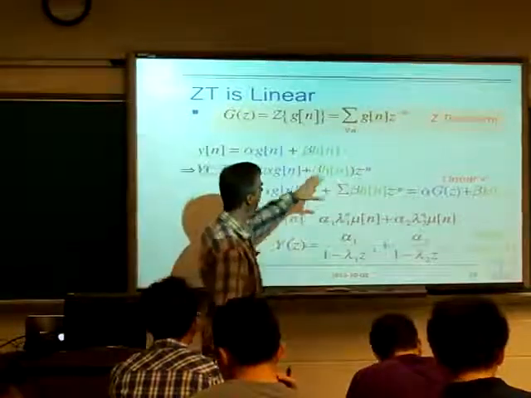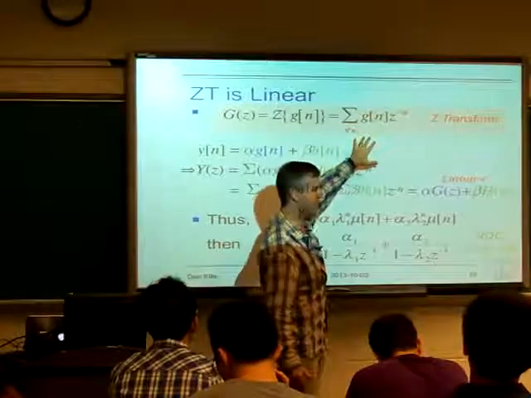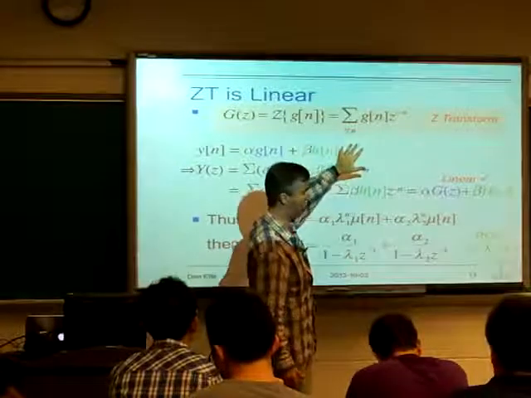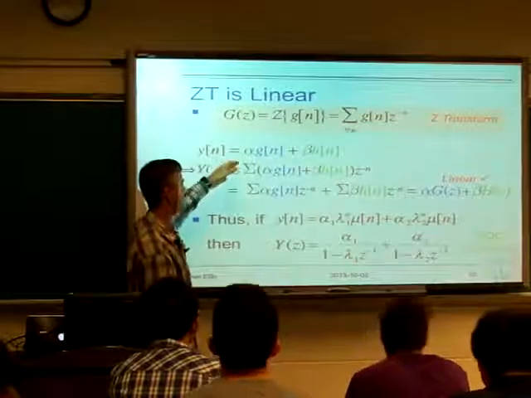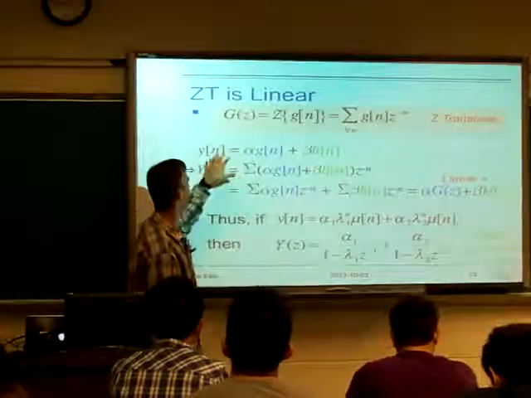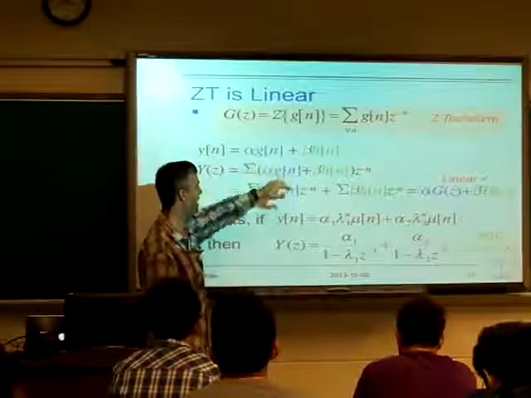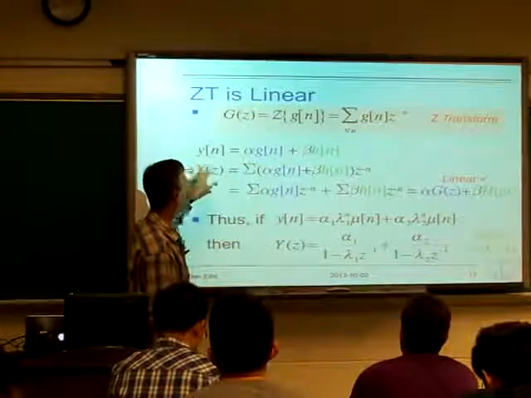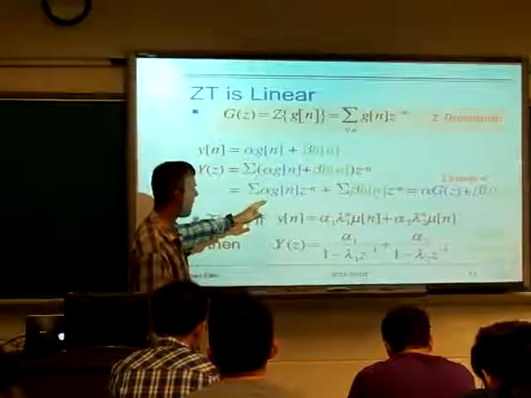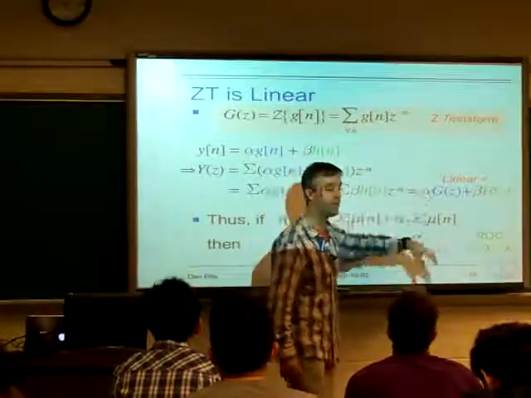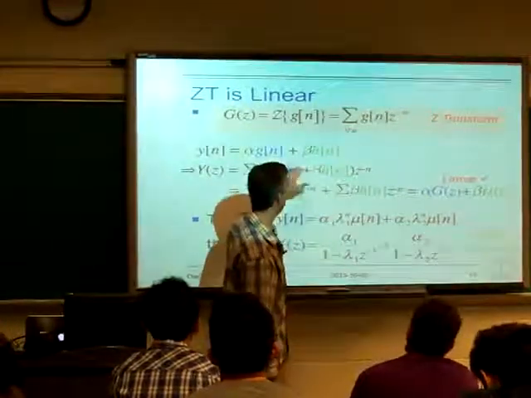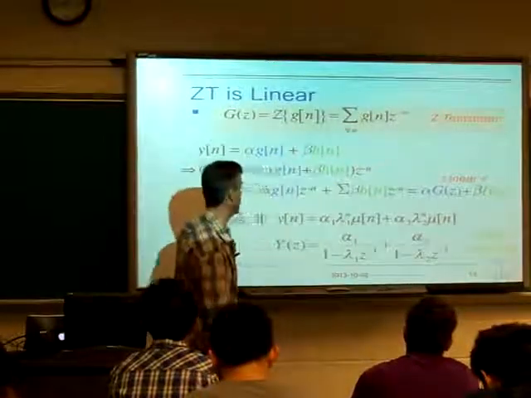There's nothing particularly exotic going on here, so it's not surprising that it's linear. It's easy to prove this just by expressing one sequence as a linear sum of two other sequences, putting it through the z transform, rearranging it so we get the z transforms of the two original sequences coming out, and then showing that, yes, it's the same linear combination that comes out.